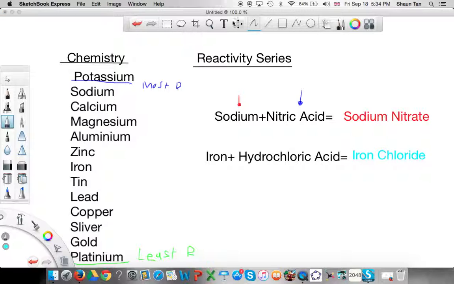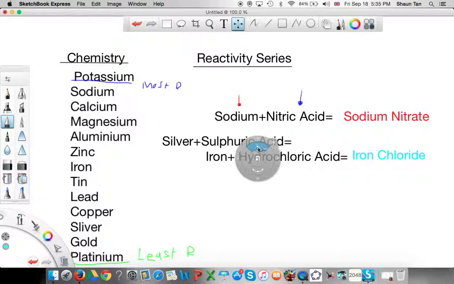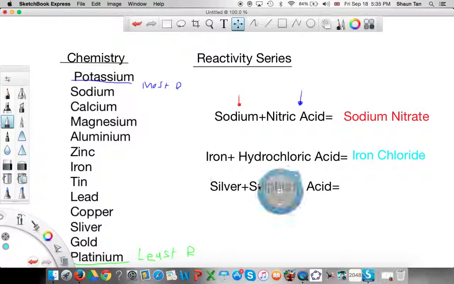Okay, now next question. We have silver plus sulfuric acid.